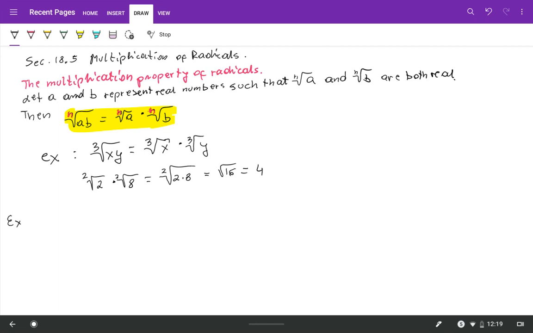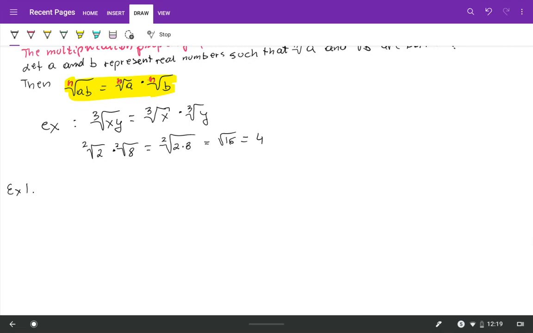So example 1, multiply the expressions and simplify the results.